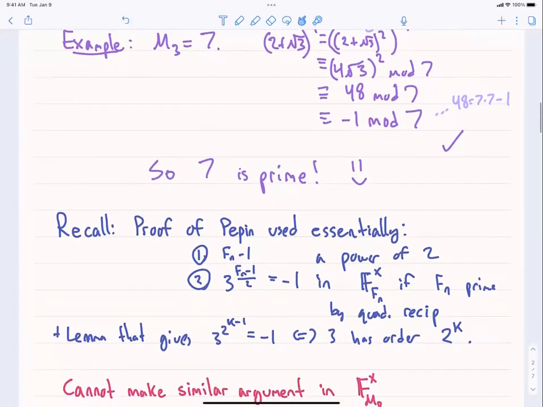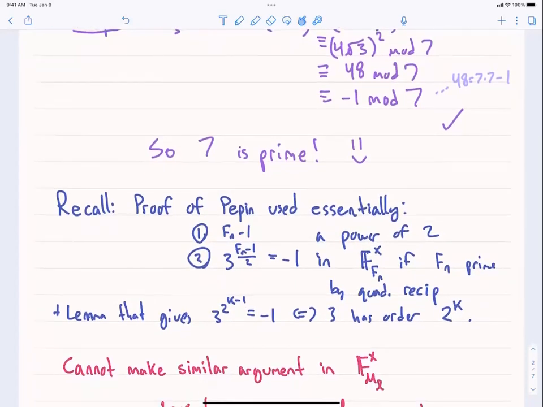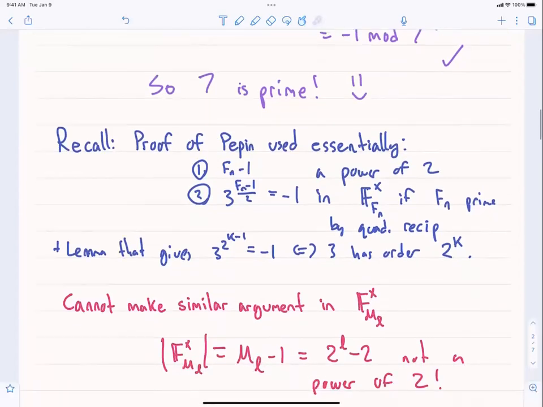Okay, and so we can't make the same type of argument for Mersenne primes using the group F_ML cross. Just because if I look at the order of this, say ML is a prime, the order of that group is just ML minus 1, which is 2 to the L minus 2, and that's not a power of 2.